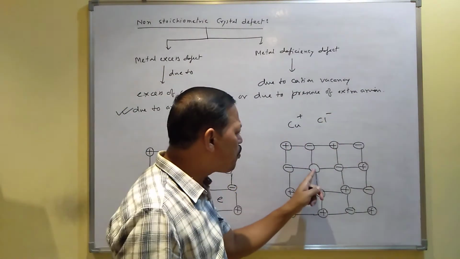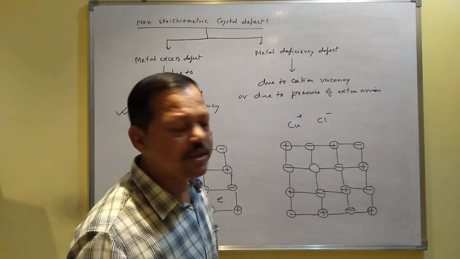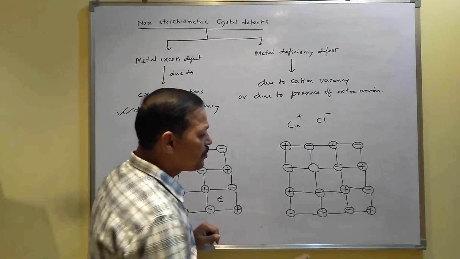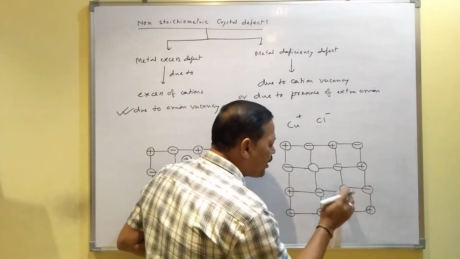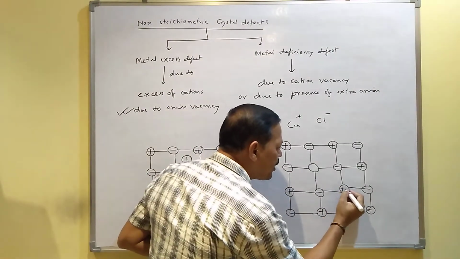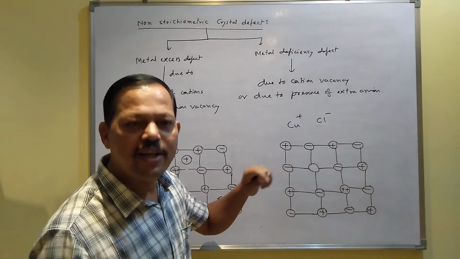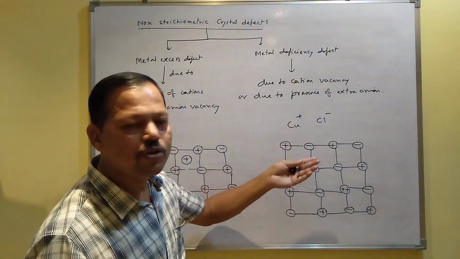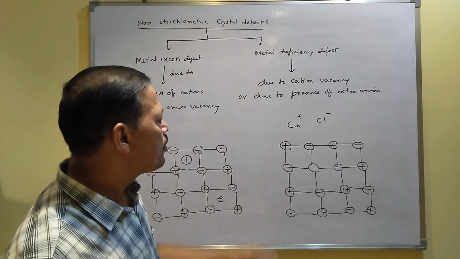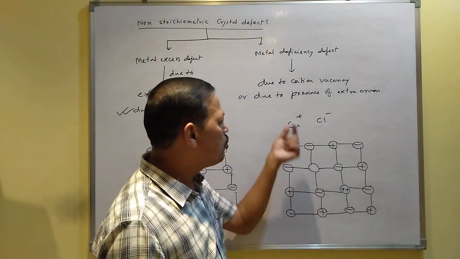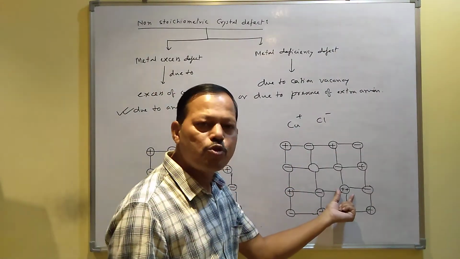Now since one copper 1 plus is missing from the position, then what happened? One of the copper 1 plus ions will be replaced by a copper 2 plus ion, because you know copper is a transition metal, it can show variable valency.